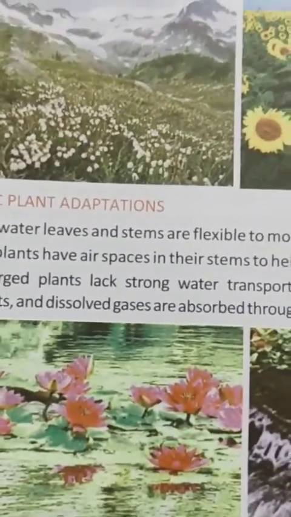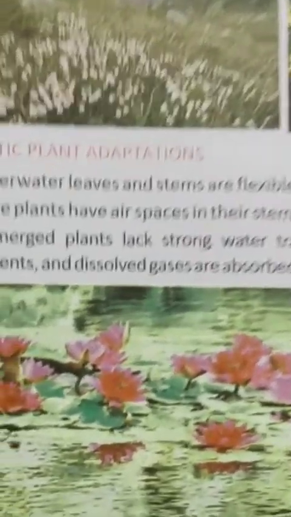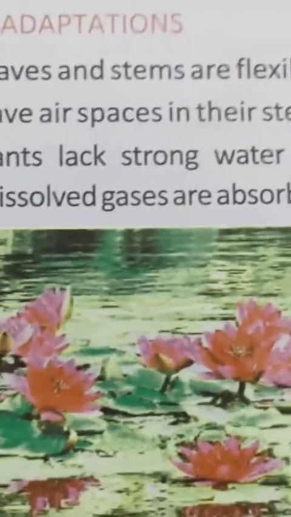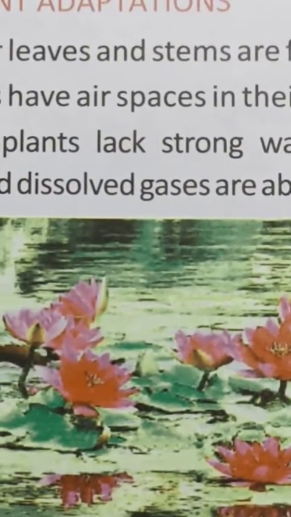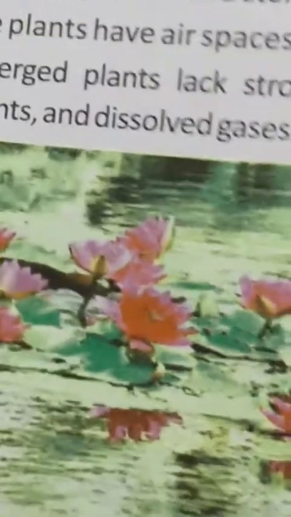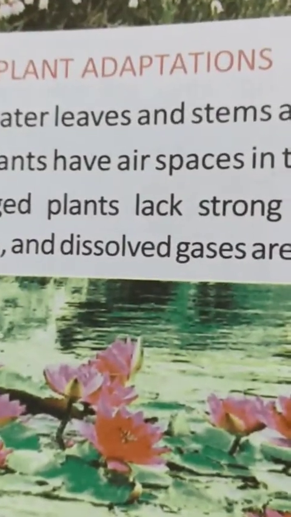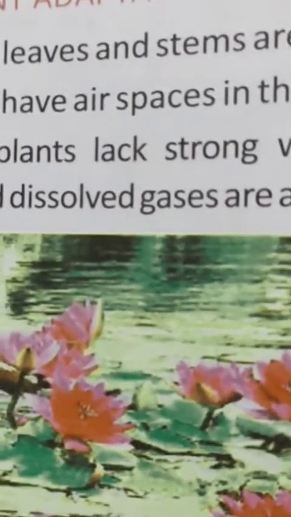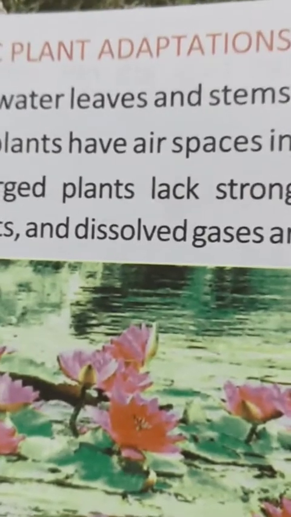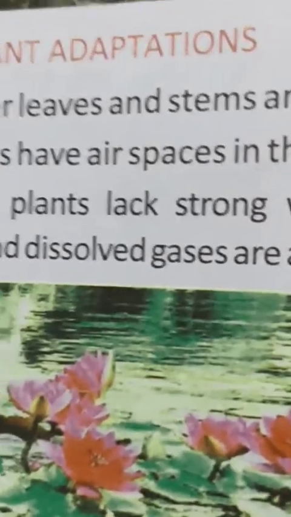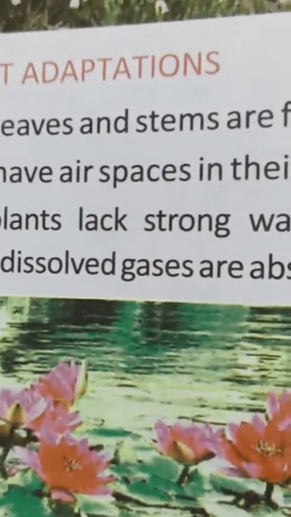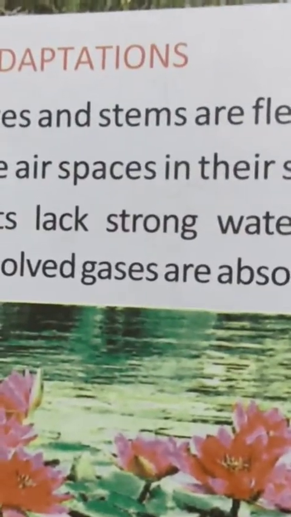Some plants have leaves that float on top of the water. You can see the example of lotus leaves that float on top of the water, exposing themselves to sunlight. In floating plants, chlorophyll is restricted to the upper surface of the leaves, and the upper surface is waxy to repel the water.